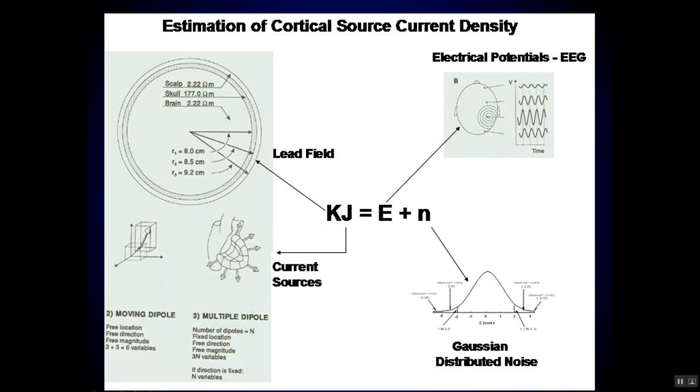Now, the key to this is what's called the lead field. This is a spherical representation of the scalp and the skull and the brain inside with different conductivities. Imagine if you were to put a battery inside here and move it around with sensors measuring the electrical potential at the scalp surface. As you moved the positive pole of the battery to here, you would see a very large electrical potential at that point, and there'd be negative potential down here.